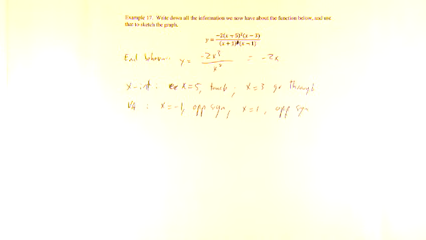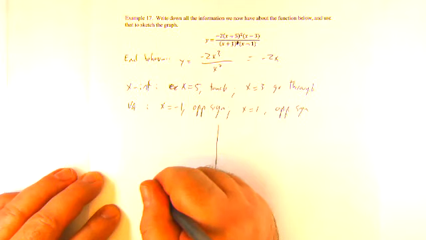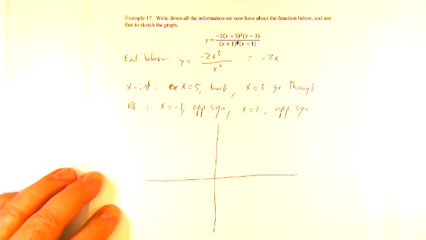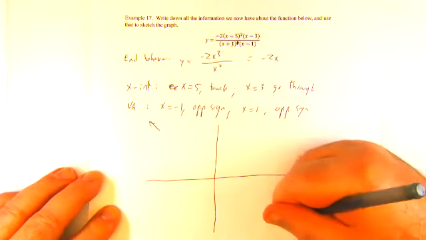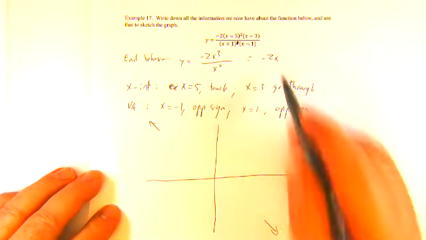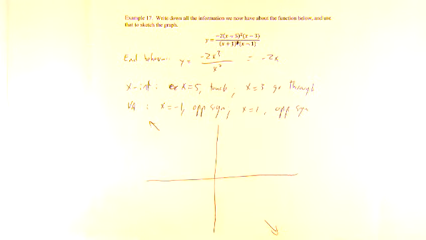Okay, so what is our graph going to look like? Start with the end behavior. We're going to start up there and end up down there because that's what -2x looks like. Odd power with a minus coefficient, so we look like that. X equals -1 is a vertical asymptote.